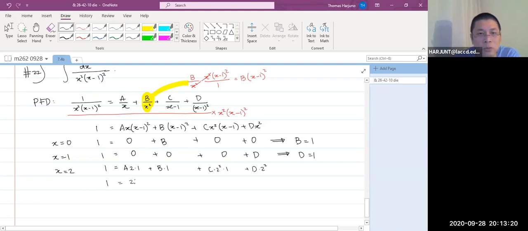So that's 2a plus b plus 4c plus 4d. So I plug in the a, no, I don't know the a. So that's 2a plus 1 plus 4c plus 4.